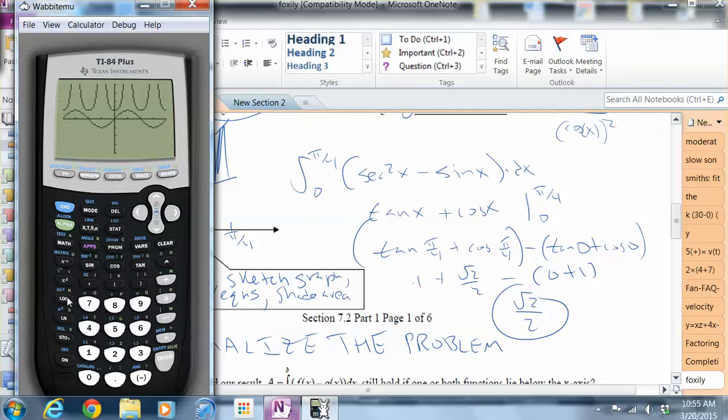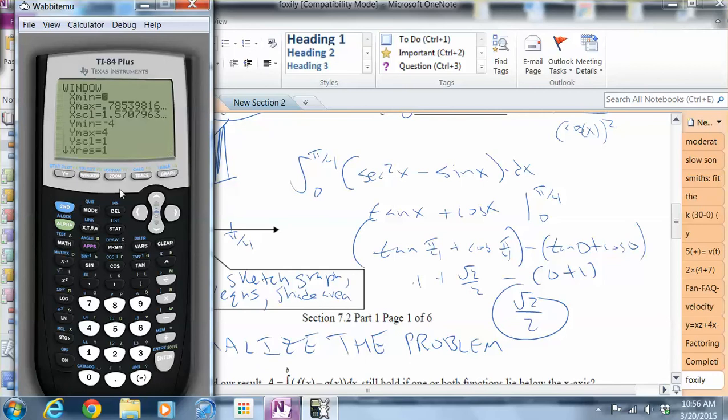And actually, I probably should adjust my window. Let's go to 0 to 0.25 pi. The interval, I don't know, doesn't really matter. Graph it. And so that's what we're basically graphing.